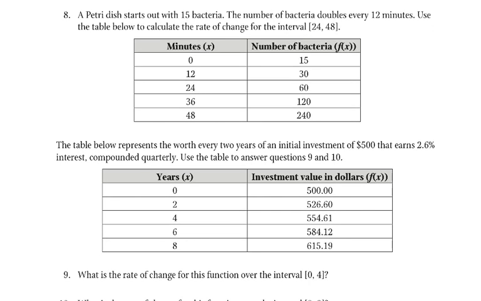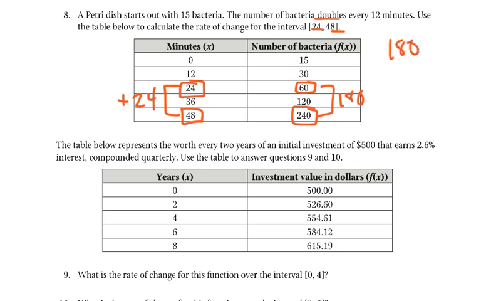Okay, number 8. A petri dish starts out with 15 bacteria. The number of bacteria doubles every 2 minutes, so we should be able to see doubling. That's multiplying, exponential. Use the table below to calculate the rate of change from interval 24 to 48. So 24 to 48, okay, that's a difference of 24. We add 24. And then we do their f of x values, their outputs, 60 to 240. That's a difference of 180.